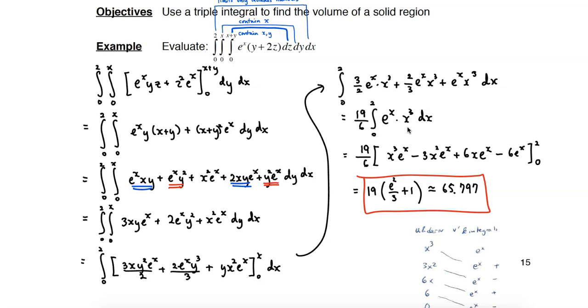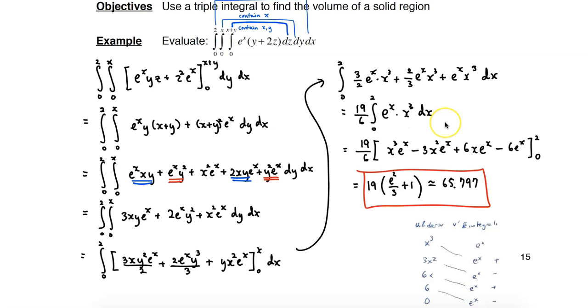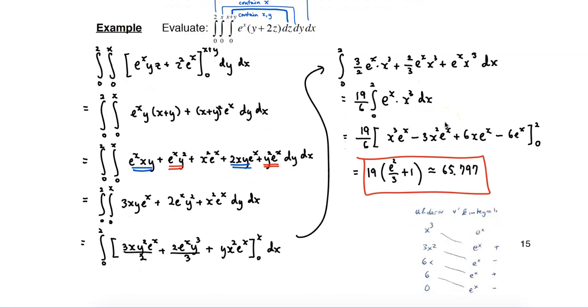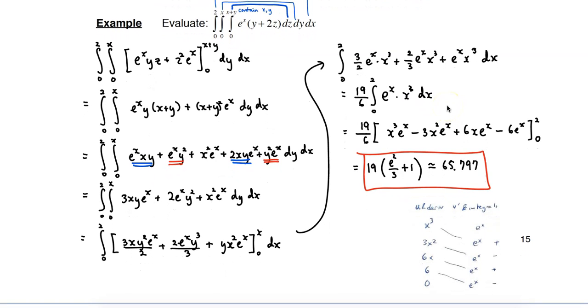That's something we can do, but notice that it's going to require quite a few steps, because when we take the derivative of x cubed, it's going to be 3x squared, so we will still have an integral of e to the x times 3x squared, and we'll have to do it again and again, and maybe a fourth time. So this is where we might want to use tabular integration. You write two columns.